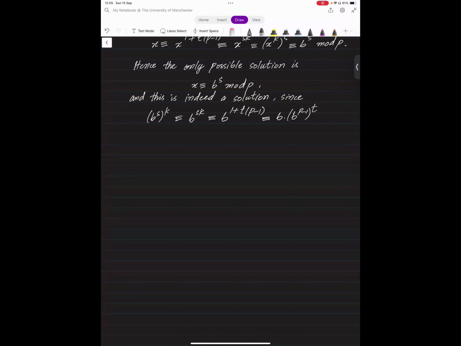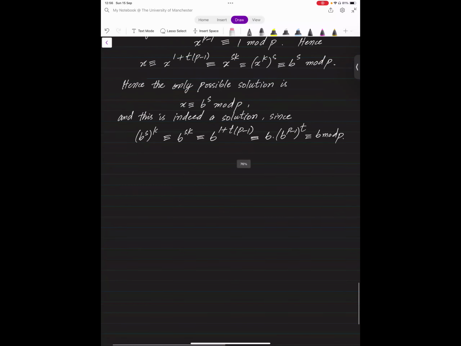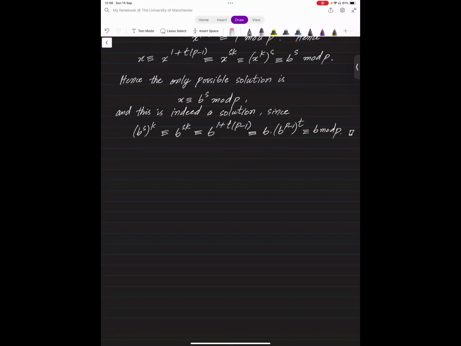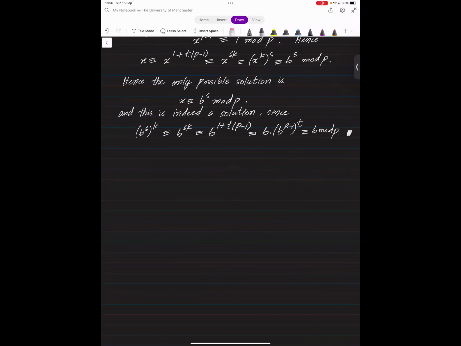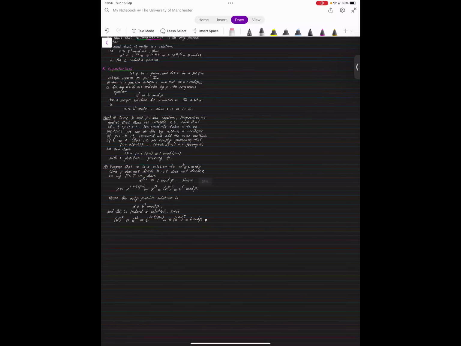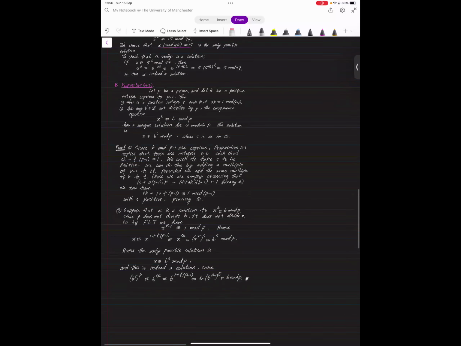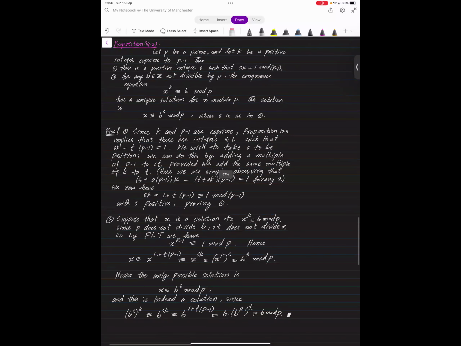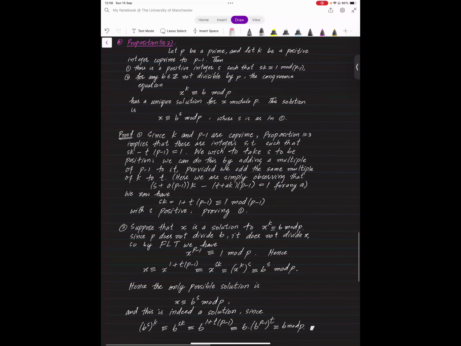And since b power p minus 1 is congruent to 1 mod p, this is just b mod p, which proves the theorem. Perfect. So this is our proposition with the proof.